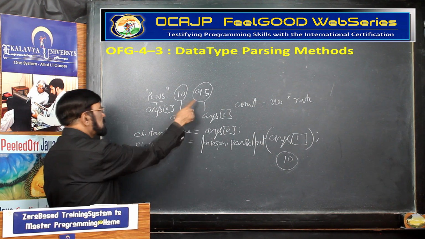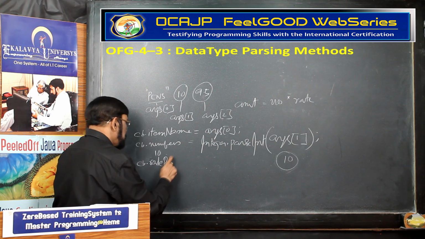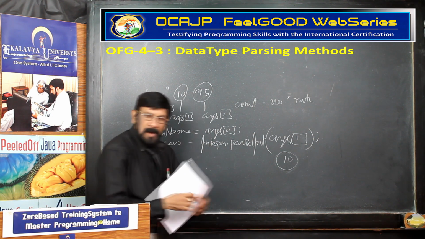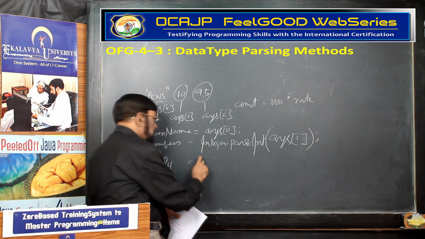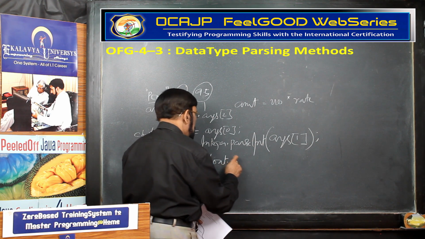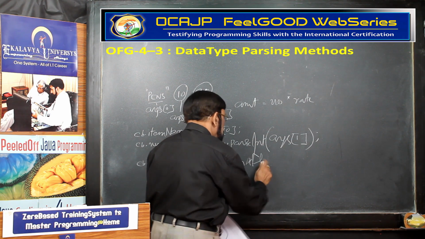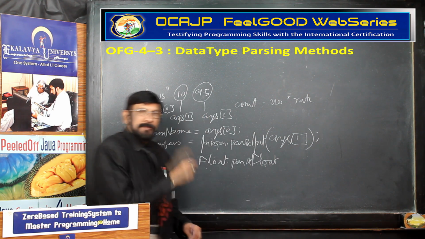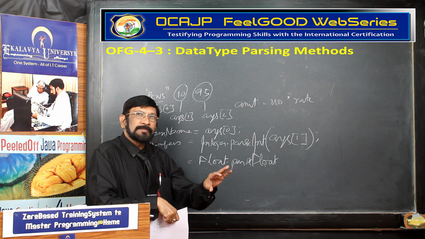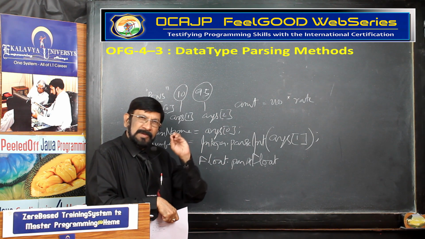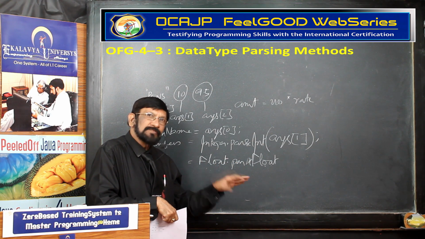Next one is the rate per unit. What type of value is stored here? Float.parseFloat. Already I told you, if you edit to small names like A, B, C, D and all that, don't think of Java, because for lazy people Java is not suitable. If you want to give any short names, you have to pay the price.